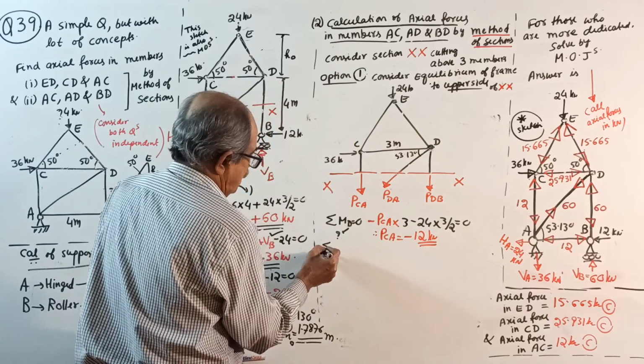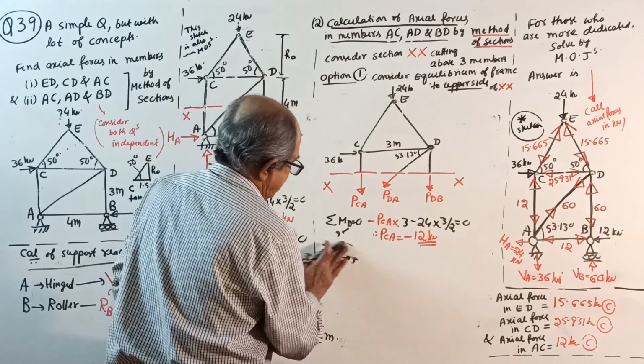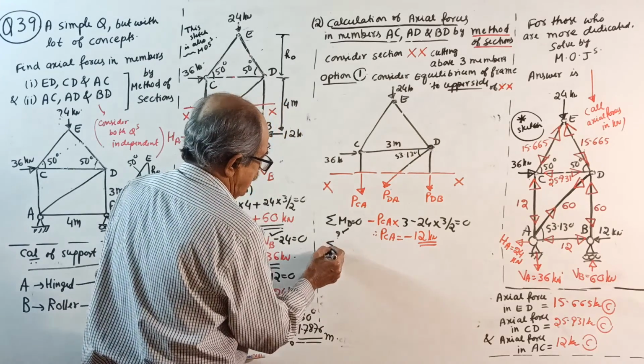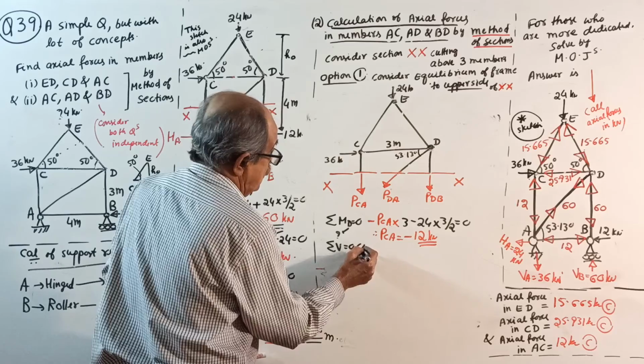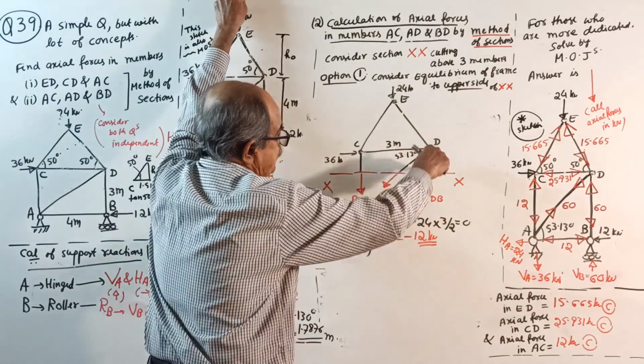Sigma V equal to 0, upward positive. Unknown first.